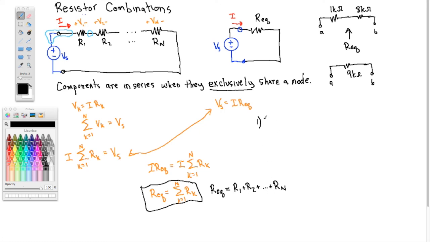So the equivalent resistance, Req, is at least as large as the largest series resistor.